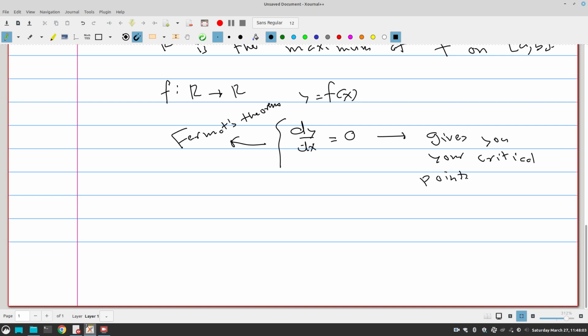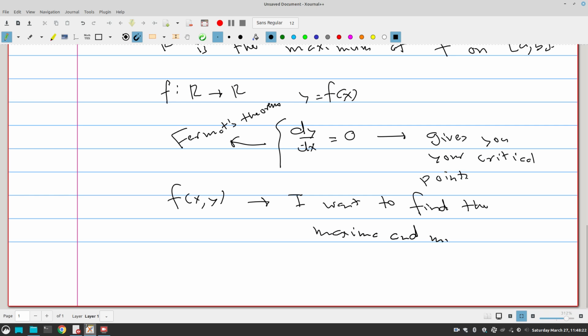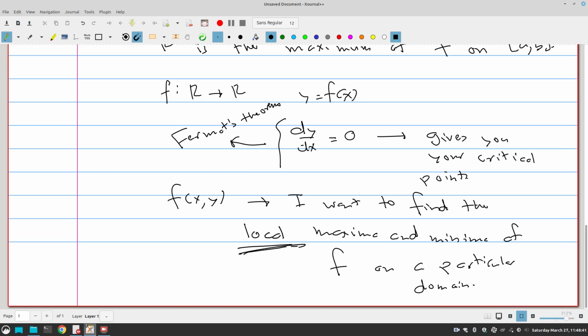Let's say you had some f(x, y), and you wanted to find the maxima and minima of f on a particular domain. I want to find the local maxima. This is important, and we'll see later why the word local is important.